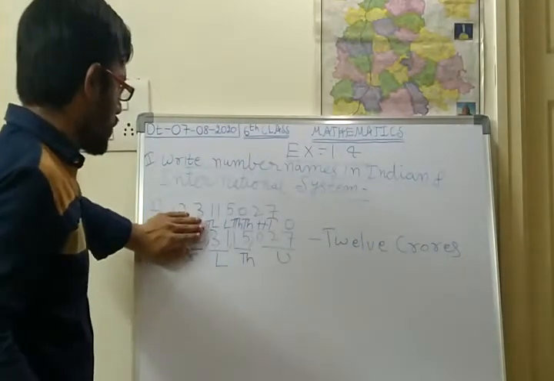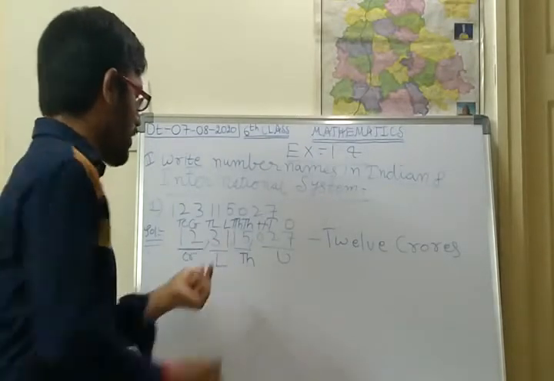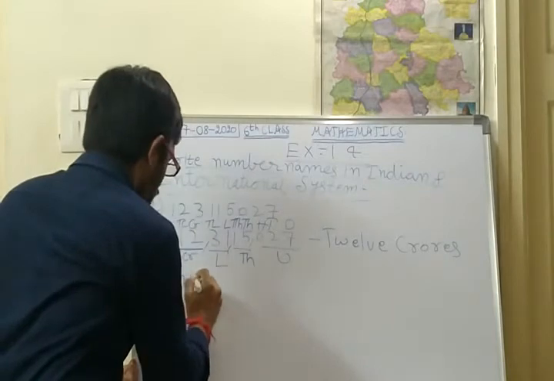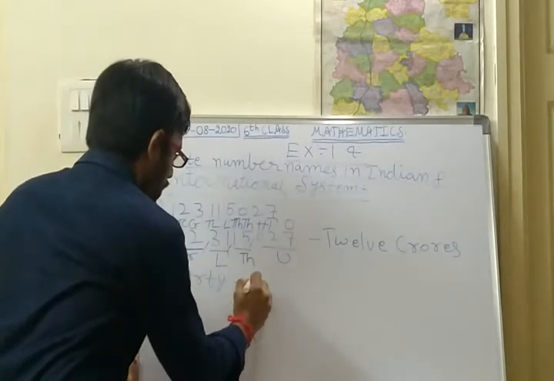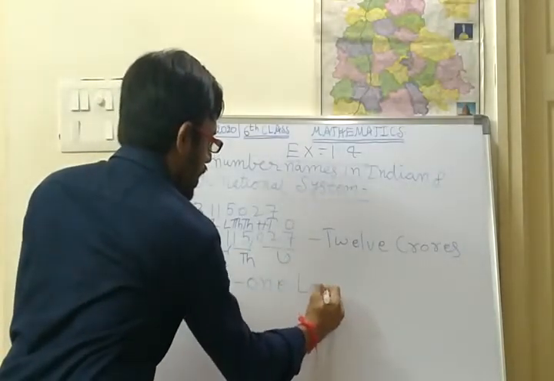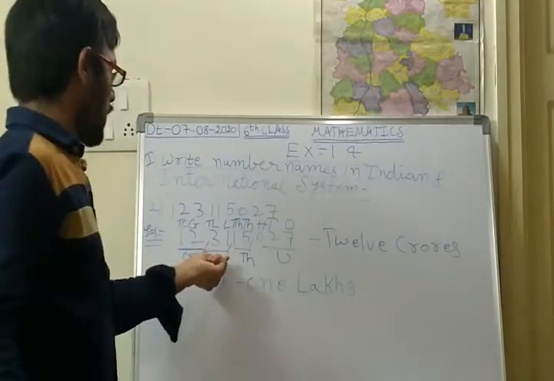Next, lakhs. In the lakhs, which number is it? 31. 31 is in the lakhs category, so 31 lakhs. Lakhs completed. Next, thousands.